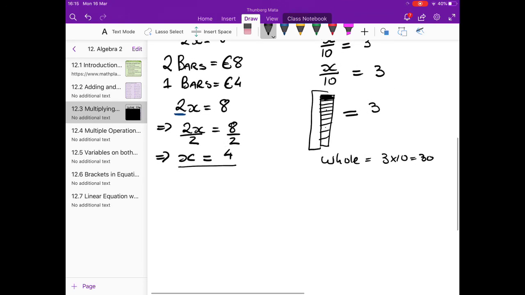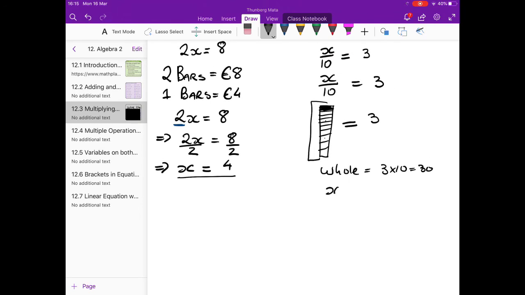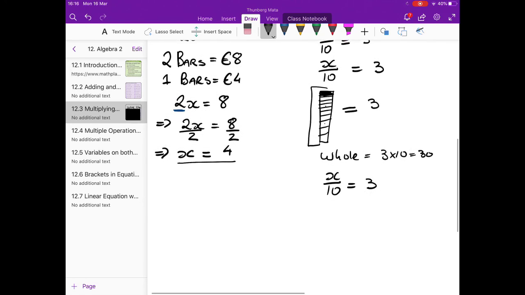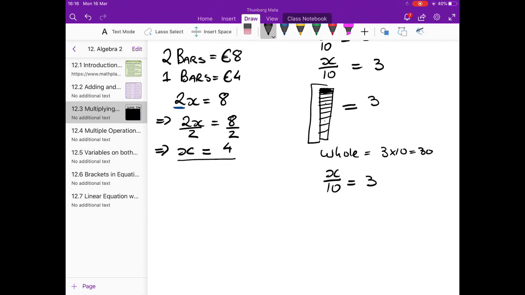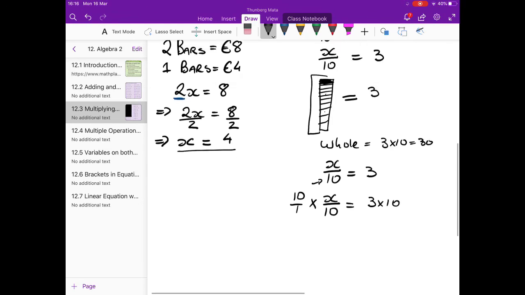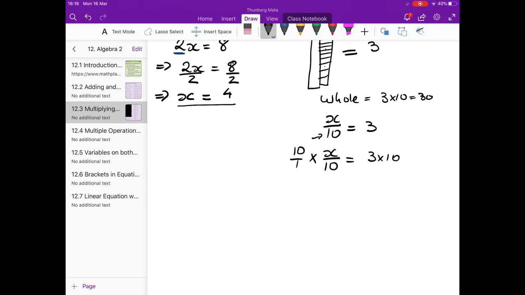But again, we want to learn our rules for equations. So we have x divided by 10 is equal to 3. So if we have x divided by 10 is equal to 3, we can see that the variable x is divided by 10. So if we take that 10 and we multiply both sides by 10, something interesting will happen.